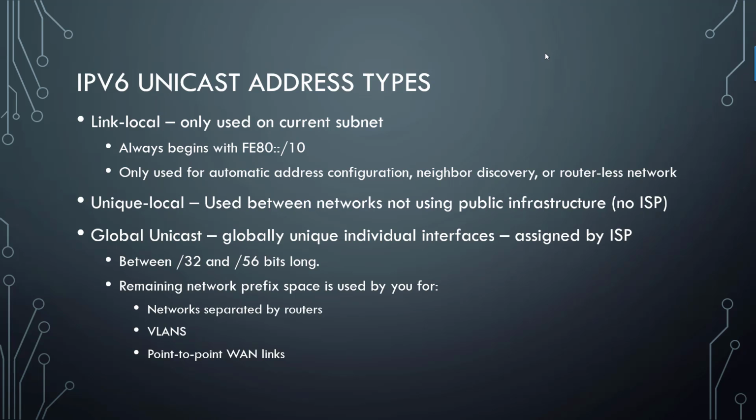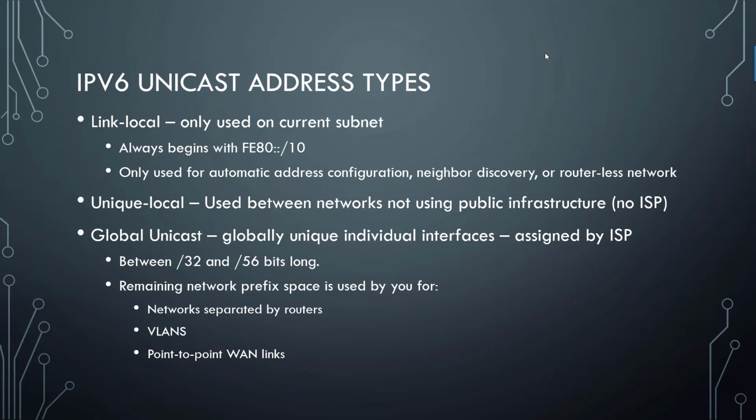So IPv6 doesn't use a broadcast address. It uses different address types. So a link local, that's all you use with a current subnet. It always begins with FE80, and it's only 10 bits in length.